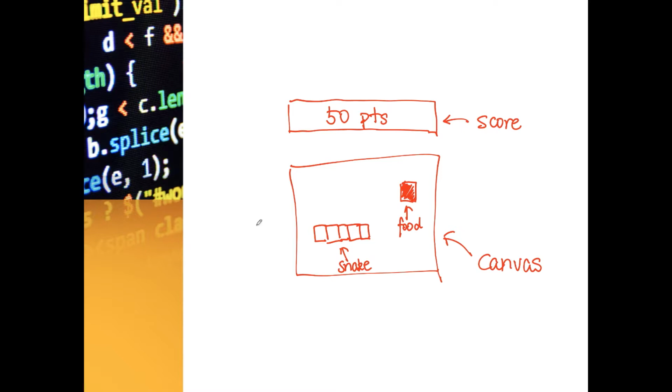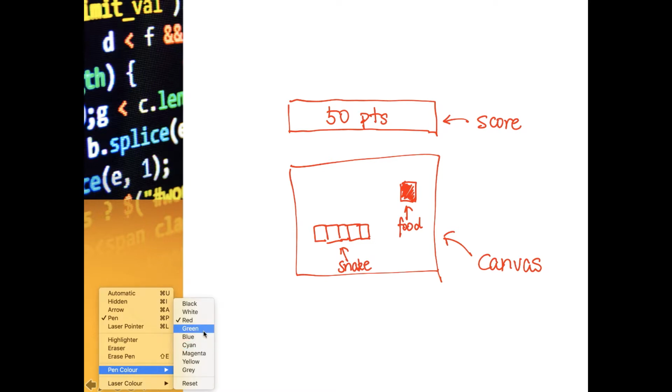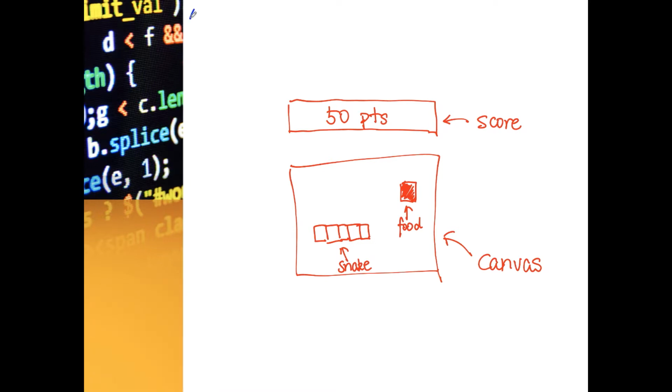And as you can see on my sample one, let me use another color. Let's say blue. So blue are extra features. We can have a theme selector, drop down menu, and then we can have a level selector.